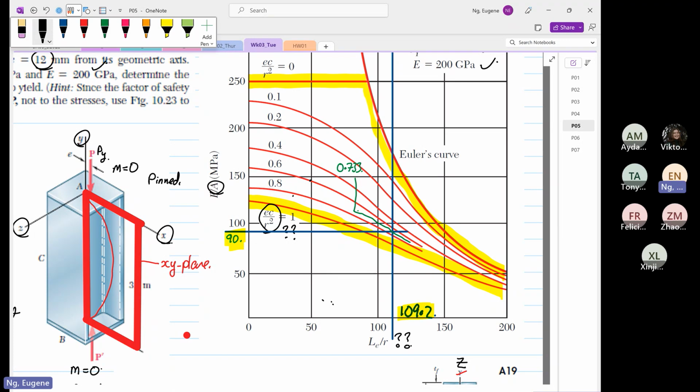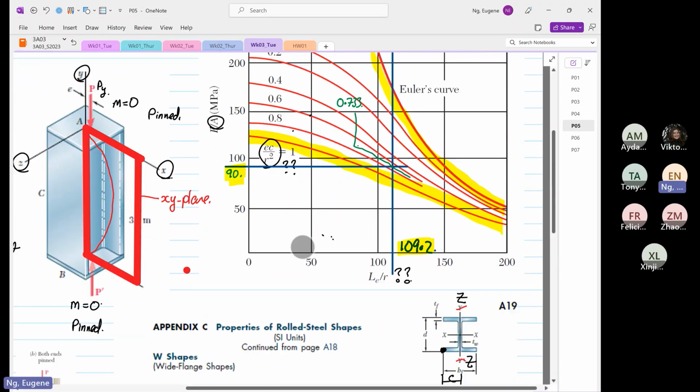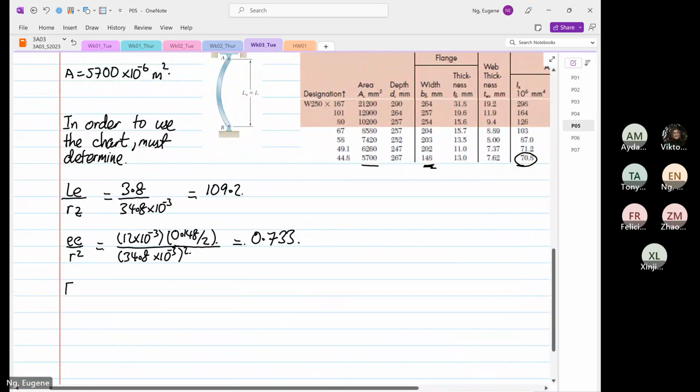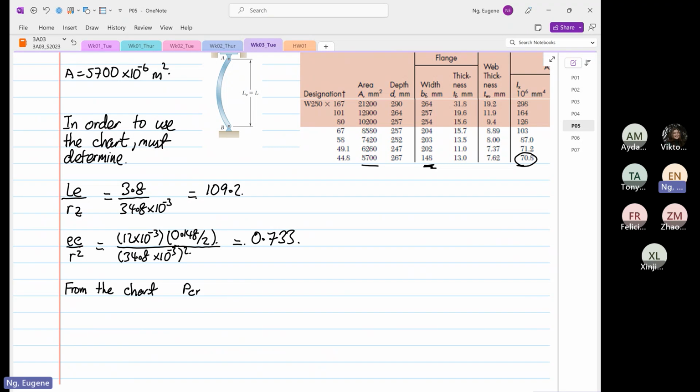So we know that from the chart, PCR over A is equal to 90 times 10 to the power 6 Pascal.